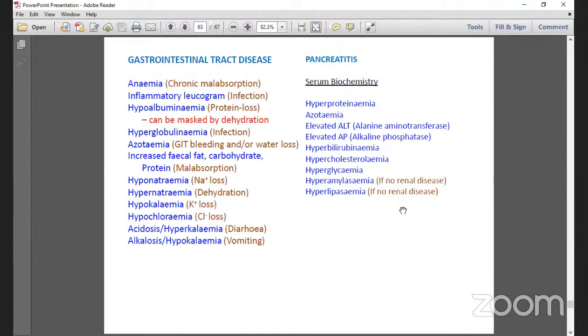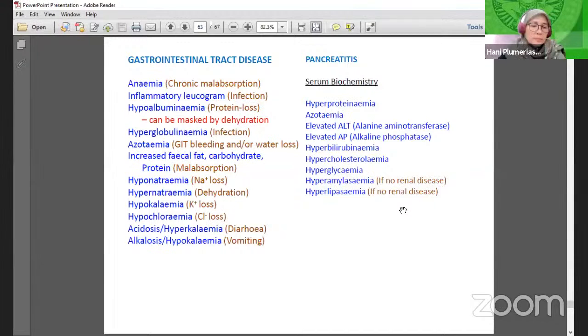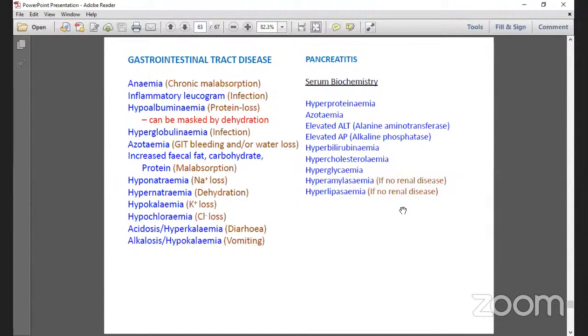The blood also contains a lot of protein, which is why blood urea nitrogen increases. In case of malabsorption of nutrients, you might see the presence of fecal fat, carbohydrate, and also protein in the feces.